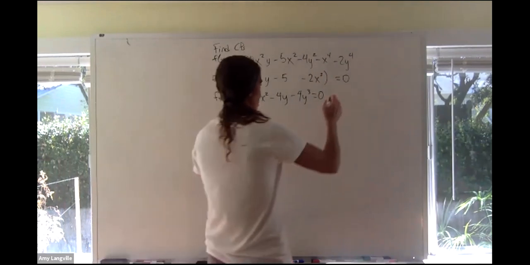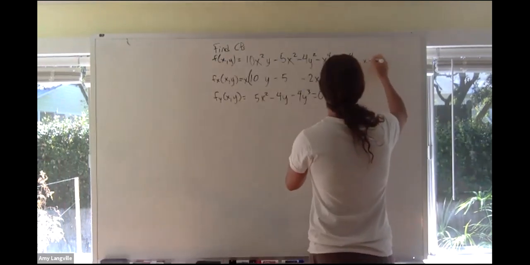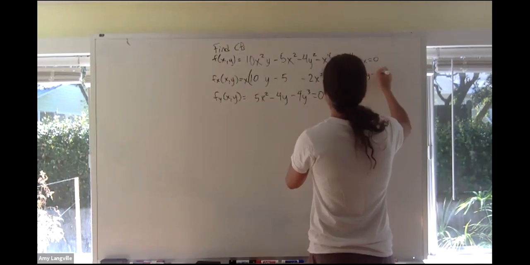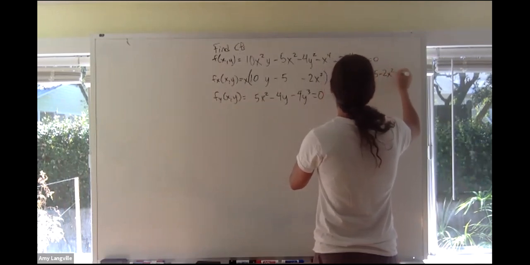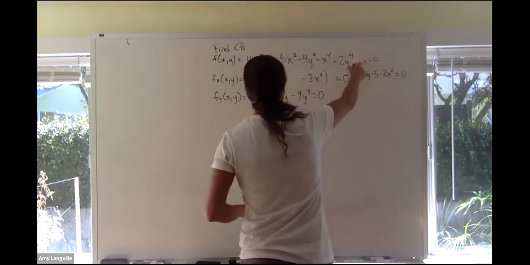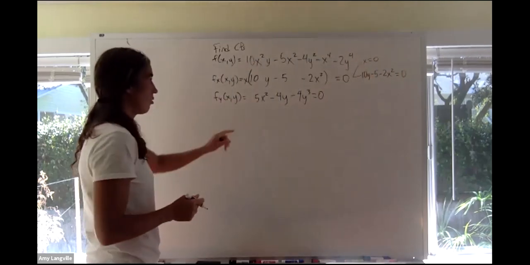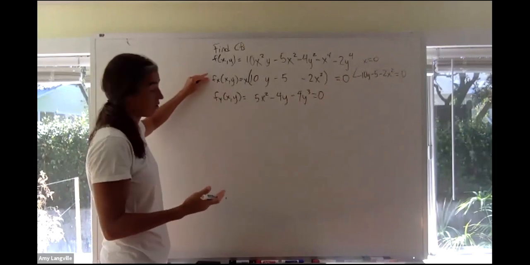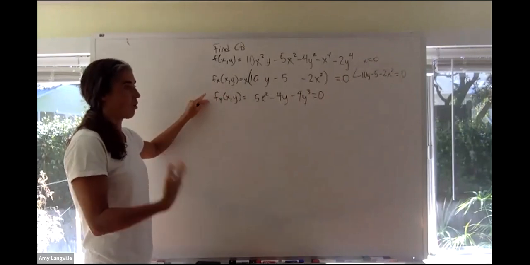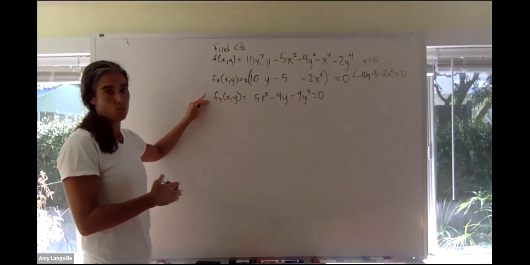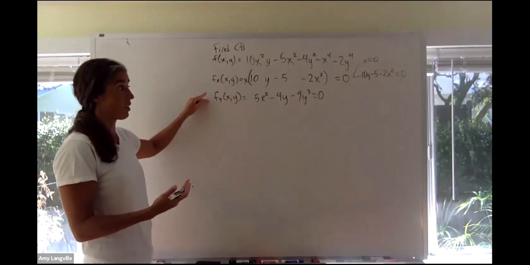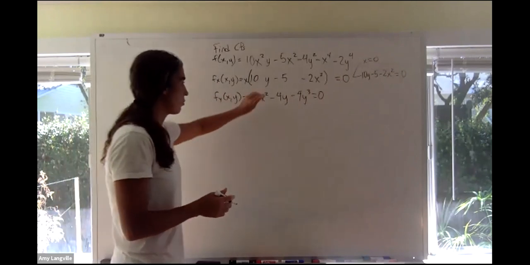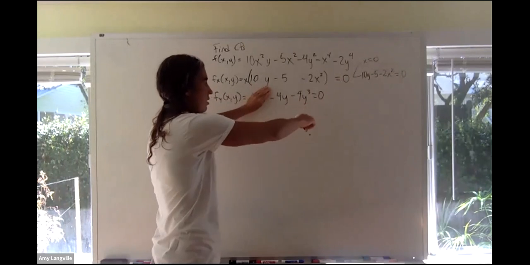Okay, so again, x equals 0. This gives us two factors, x equals 0, and then this more complicated factor, 10y minus 5 minus 2x squared equals 0. Let's start with the first one, x equals 0. We know x equals 0 solves this first f sub x equation. We need to figure out what values help us solve the f sub y equation. So we're fixing x equals 0, plug that in here, and we're left with this equation.